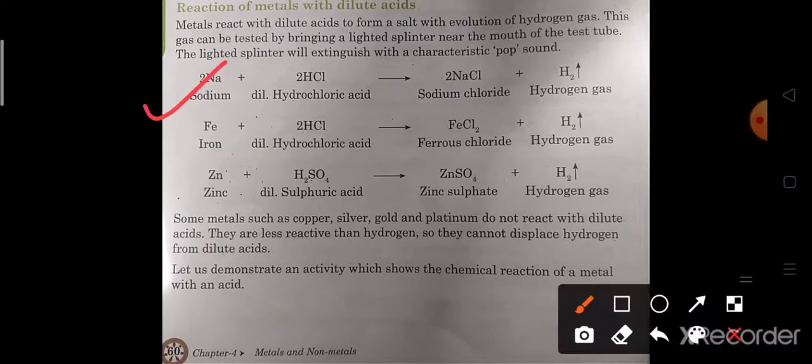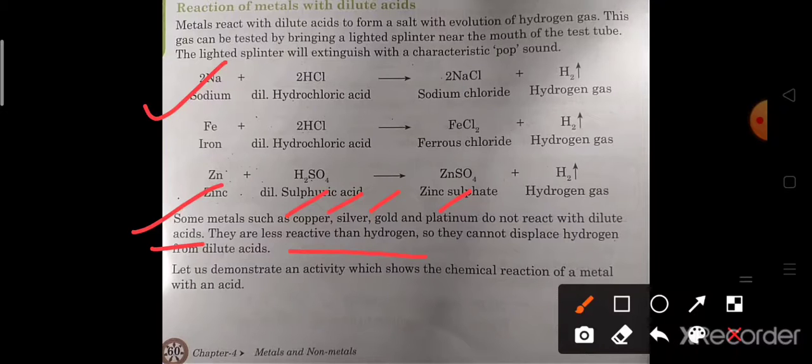Some metals such as copper, silver, gold and platinum, these four metals do not react with dilute acid. These are less reactive than hydrogen. For this we have to understand the reactivity series of metals, which we will study.